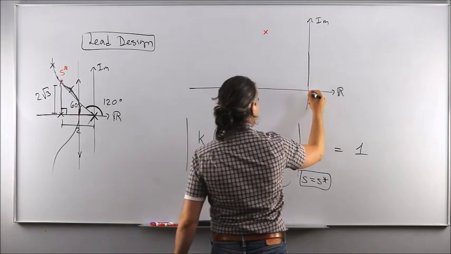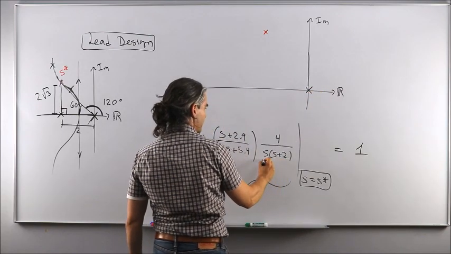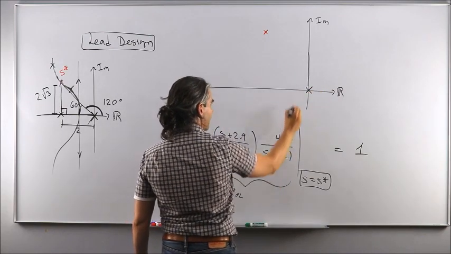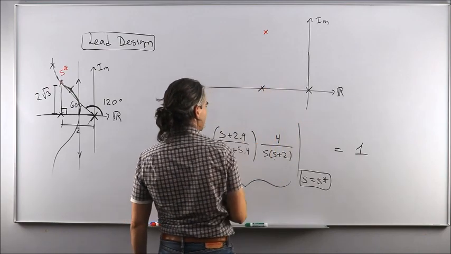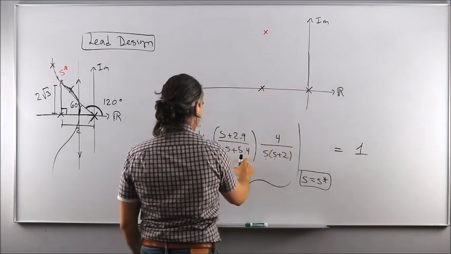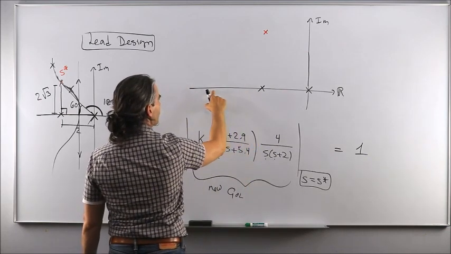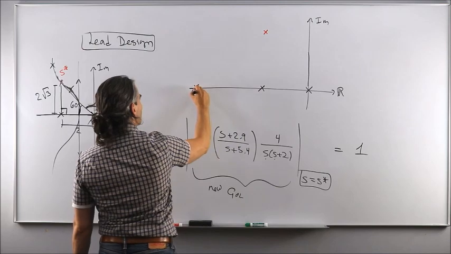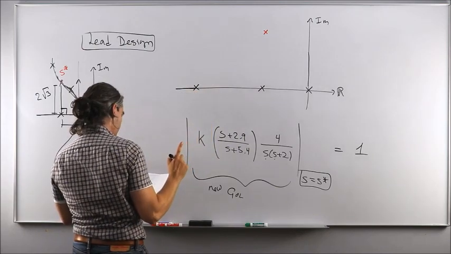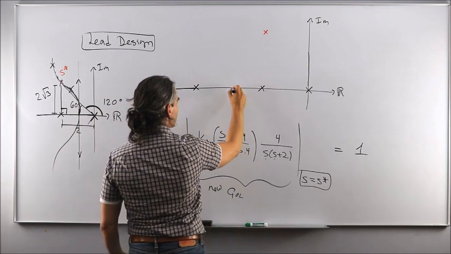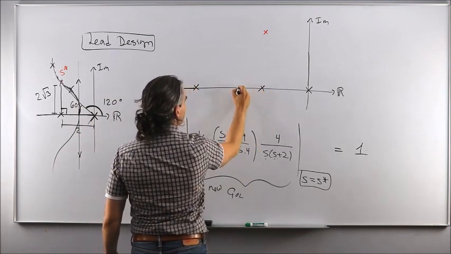We had the original pole here corresponding to S equals 0. We have the pole at S equal minus 2. So immediately below that. Now we've added an extra pole at minus 5.4. So this is 2, 4, 5.4, somewhere along here. We've added also a zero. Where? At 2.9. 2, 3.